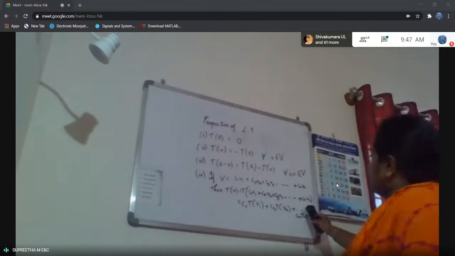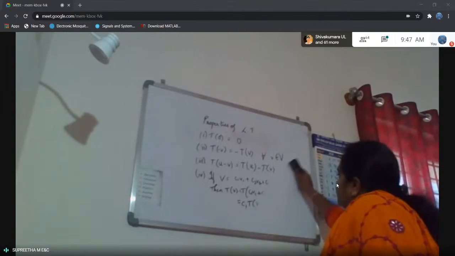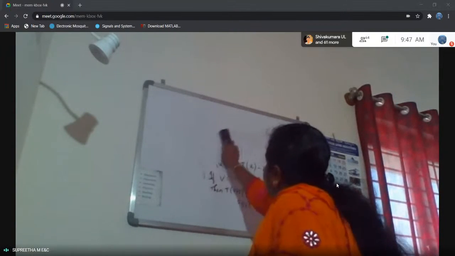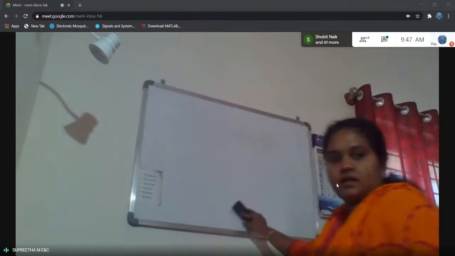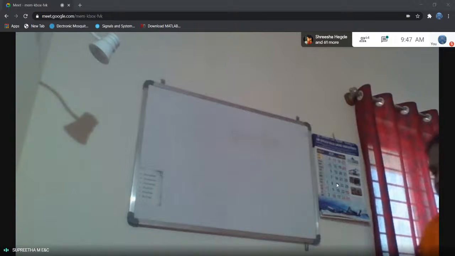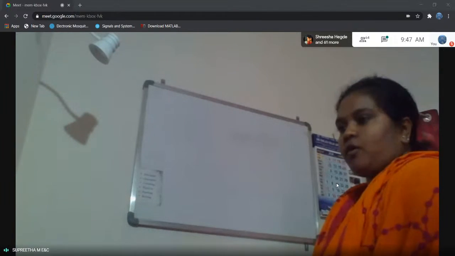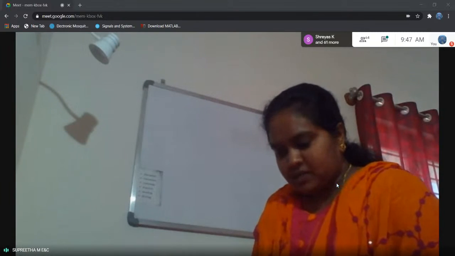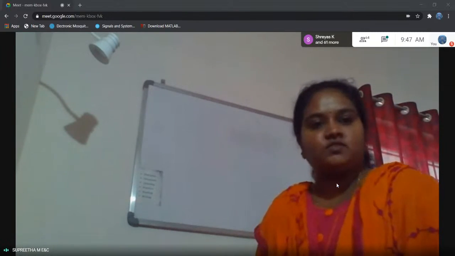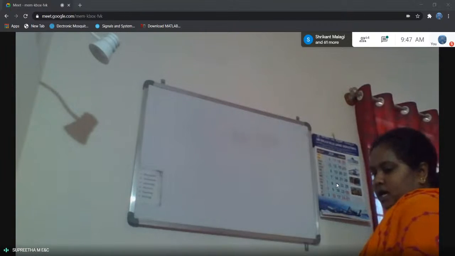We have all seen that when I represent a linear system of equations, it's given by Ax equals B, right? We have seen how I can represent a given matrix in the form of Ax equals B. So we will take that into a transformation and see what happens.